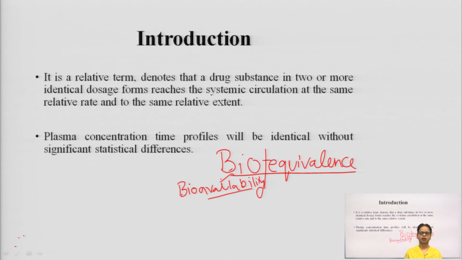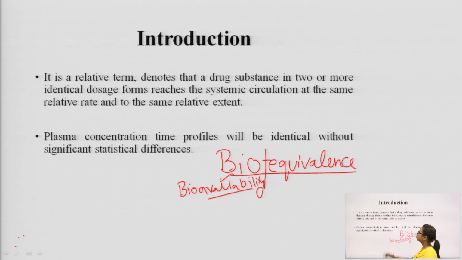So it is a relative term, denoting that a drug substance in two or more identical dosage forms reaches the systemic circulation at the same relative rate and to the same relative extent.